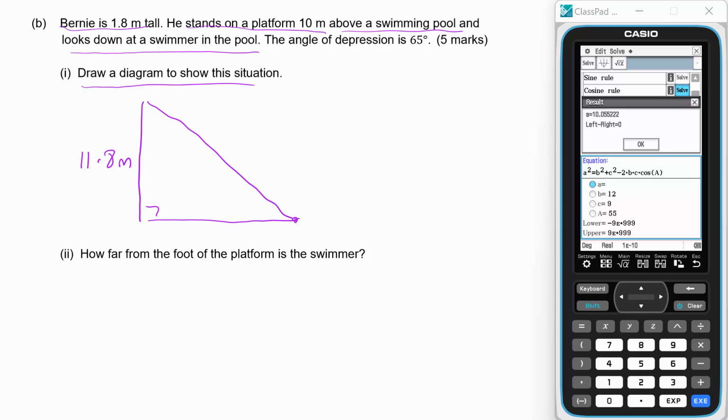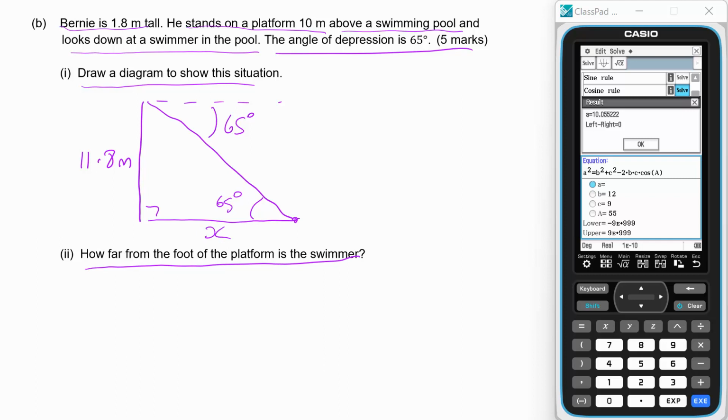And the angle of depression is 65 degrees, according to this. So 65 degrees is what he's looking down. But bear in mind that means that this angle is 65 as well. How far from the foot of the platform is the swimmer? In other words, we want this distance just here.